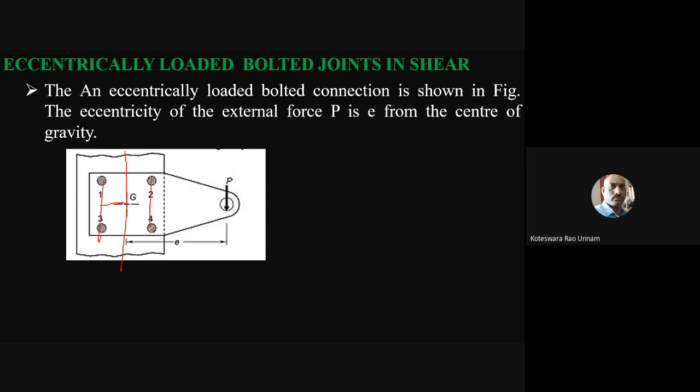Even these two bolts are at the same distance. So this distance and this distance are the same, and then I can call it a symmetry. Symmetry is nothing but the mirror image of one side on the other. If this side is a mirror image of this side, then I can call it a symmetry. Similarly, if I draw the horizontal line here, this side is the same as this side, so this side is a mirror image of this one.